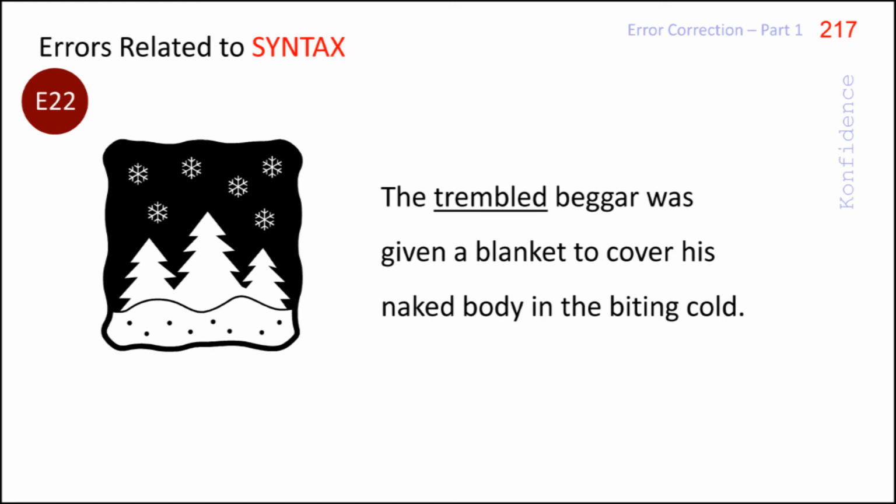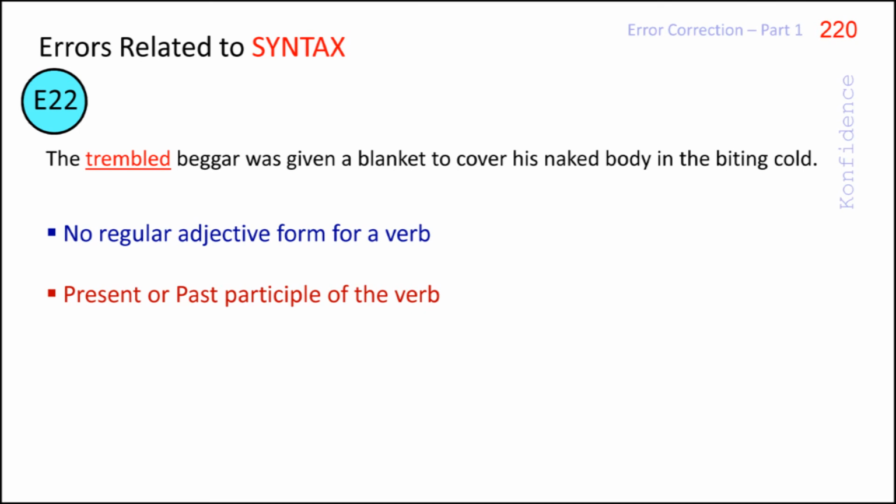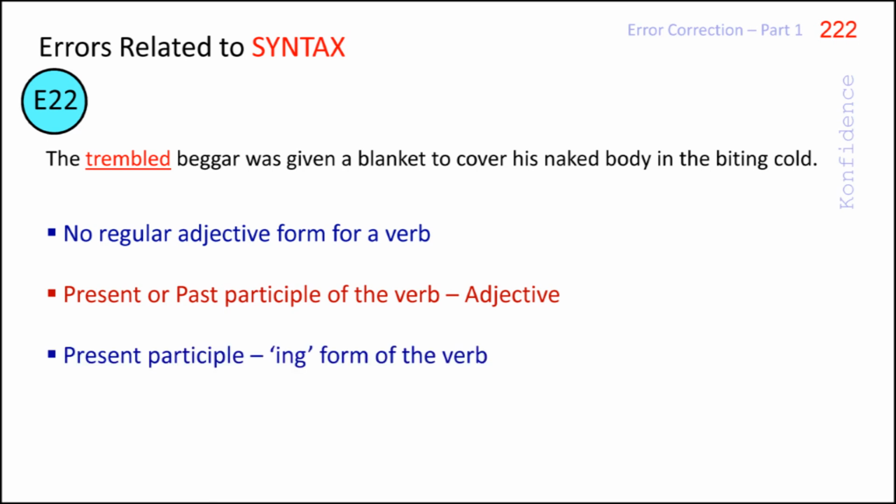Now look at the sentence E22. What is wrong with the word trembled? Very often, when there is no regular adjective form for a verb, the present or past participle of the verb can be used as an adjective. Present participle is the ing form of a verb and past participle is the third form of the verb.